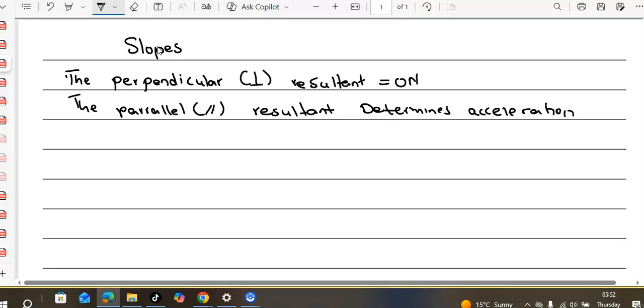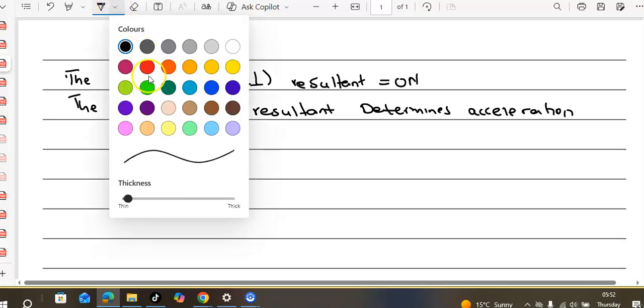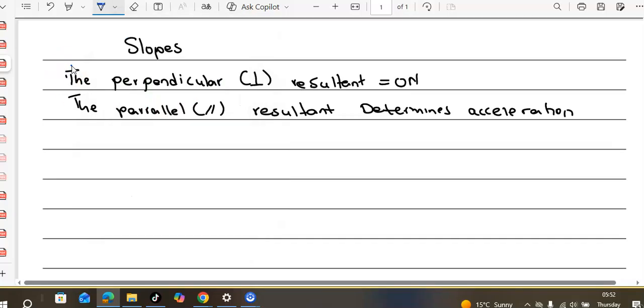Now that you are happy with that, I need you to always remember, this is very, very important. So now look at this. The FG parallel is equal to FG sine of theta.